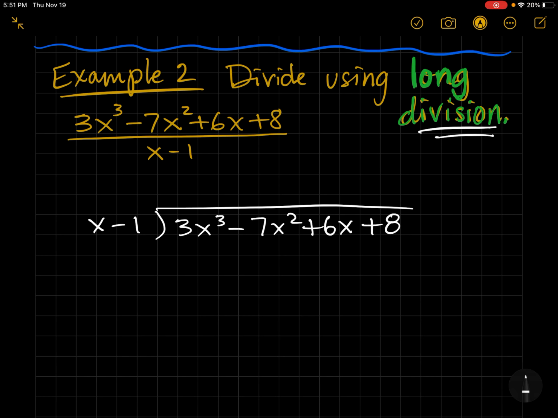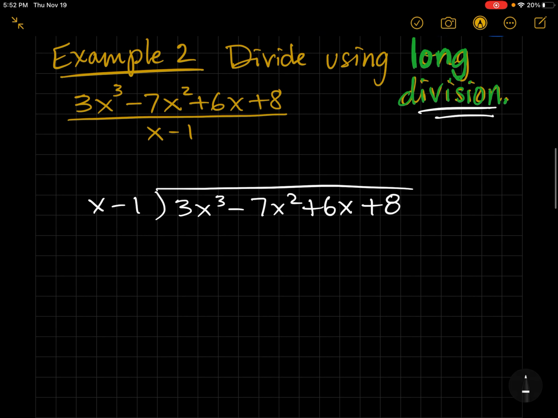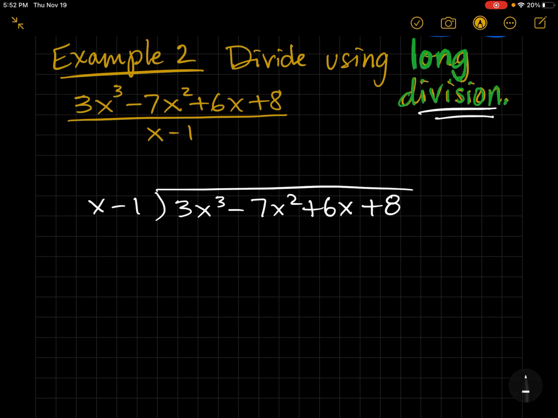And now we're going to do it just like we did long division. But now you're going to have to be a little bit more aware of where you put the numbers. And I'm just going to teach you some tricks and techniques that'll help with this.